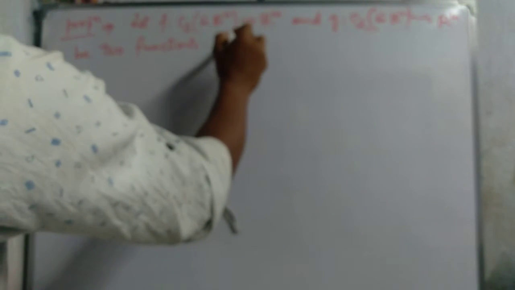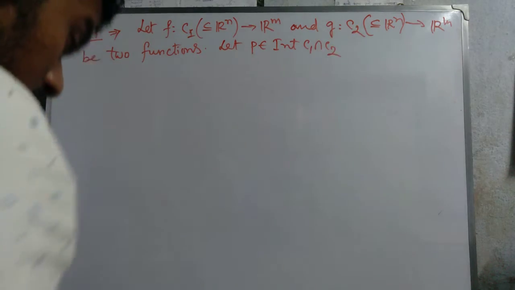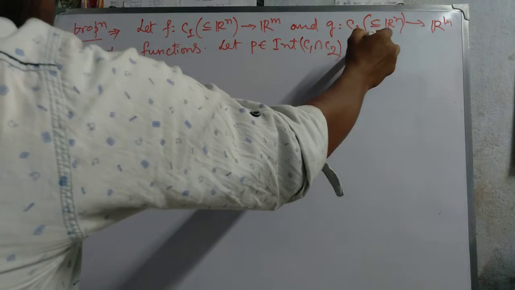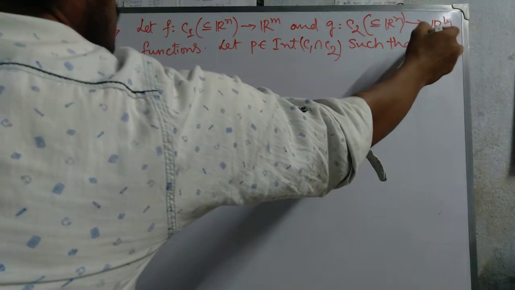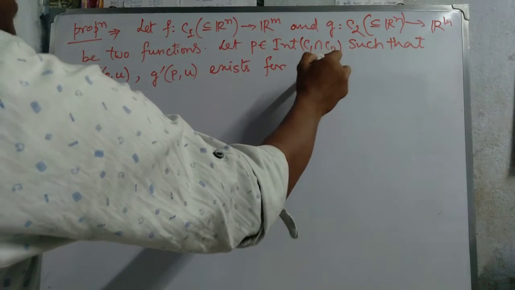Let p belong to the interior of C1 intersection C2 such that f dash(p, u) and g dash(p, u) exist for u belonging to Rn.